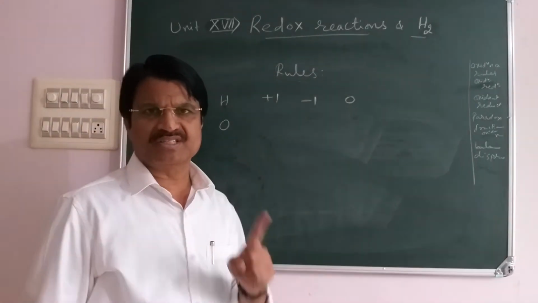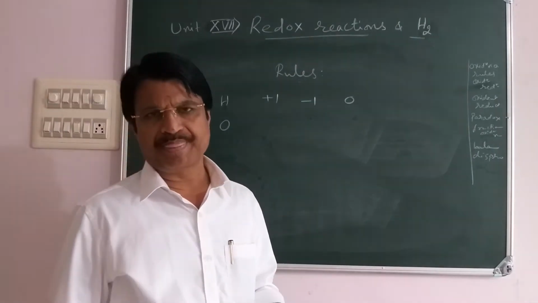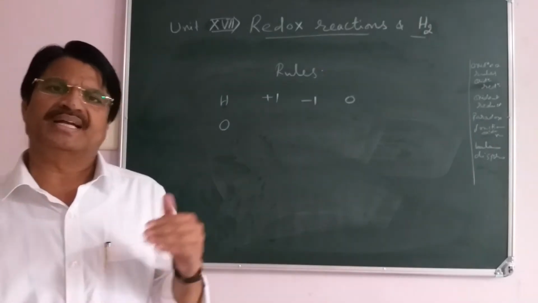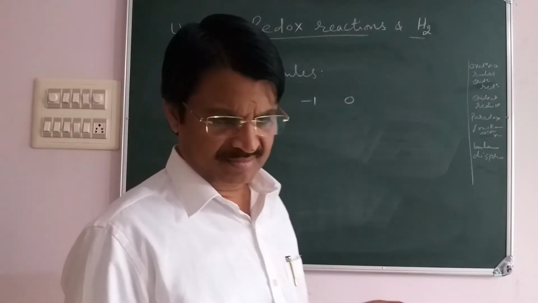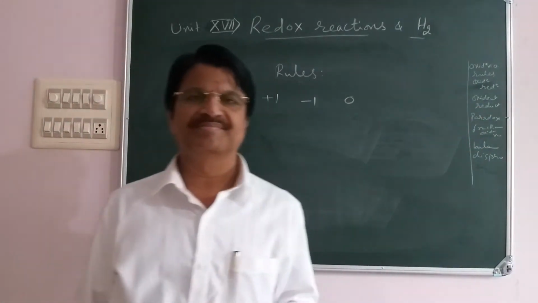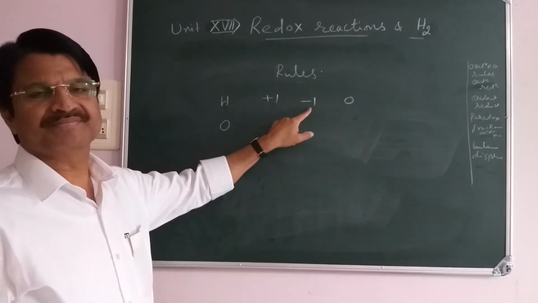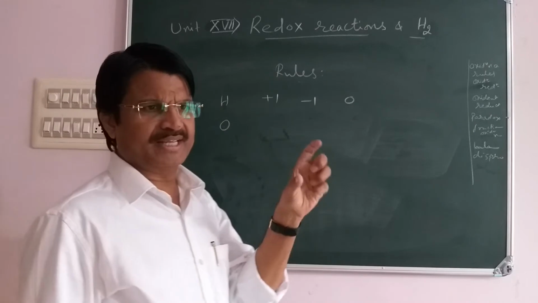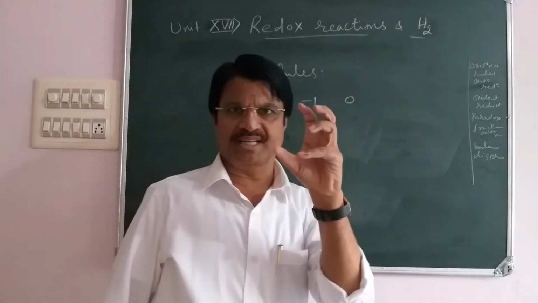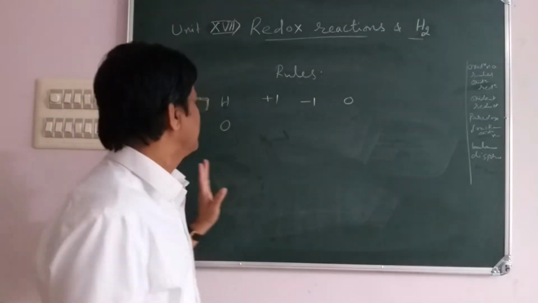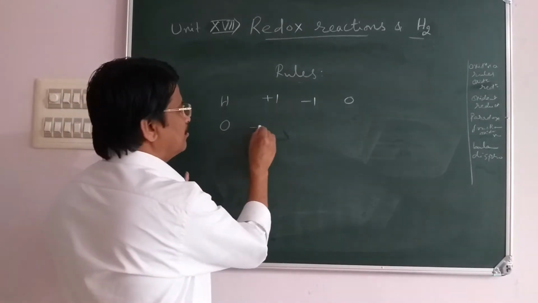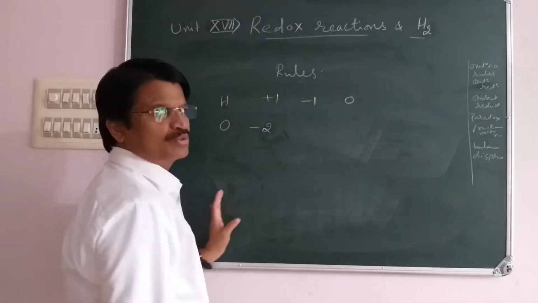NH3, H +1. H2O, H +1. In hydrogen peroxide, meaning in peroxides, the H value is -1. And in the free state, hydrogen gas, the oxidation number is 0.